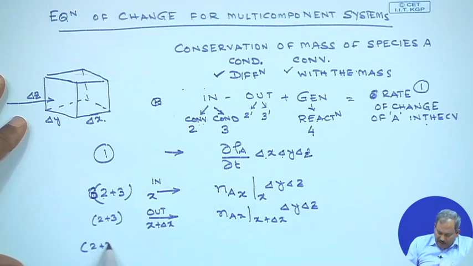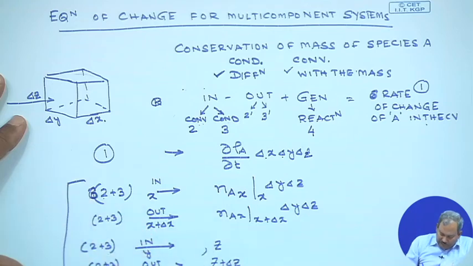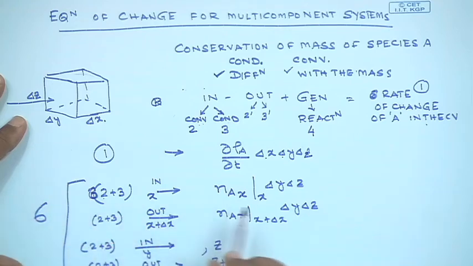Similarly, I will have a 2 plus 3 in through the y face and 2 plus 3 out through the y plus delta y face, same for the z face and z plus delta z face. So there will be a total of 6 terms, 3 for in and 3 for out.